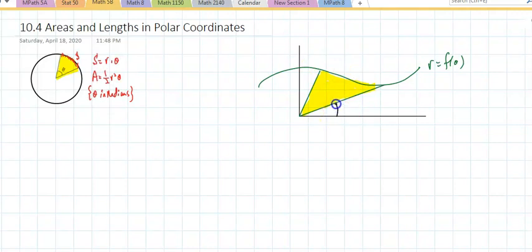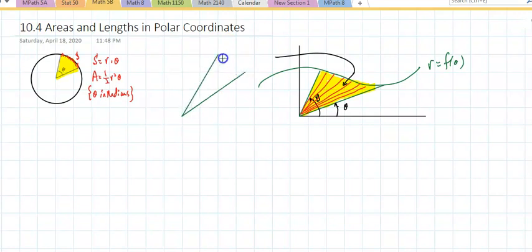If we want to find the area from alpha to beta, what we do, we break this into slices just like we did with the rectangular. And if I take one of those, let's say I take this and I enlarge that, I'm really looking at something that looks like this, in which f of theta is actually an arc.